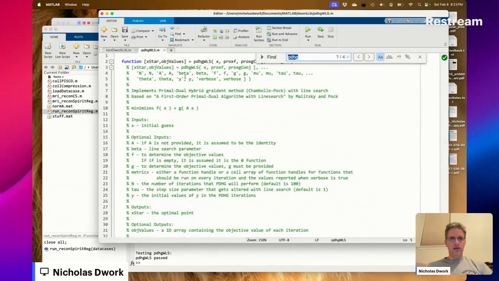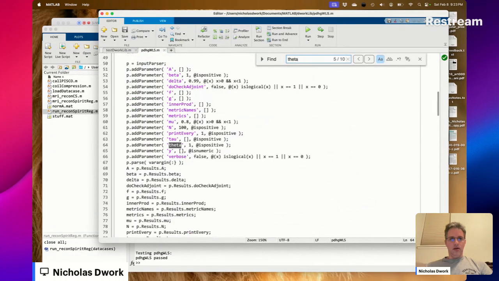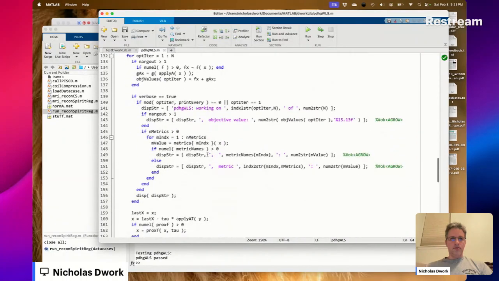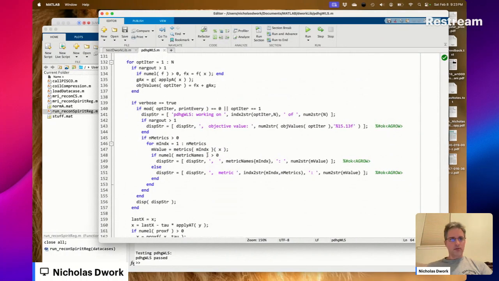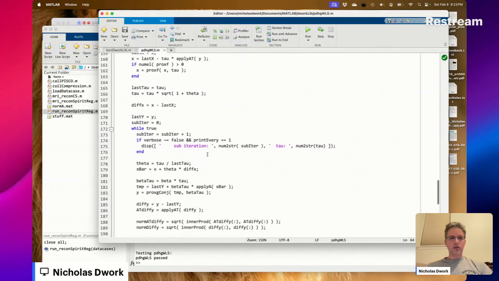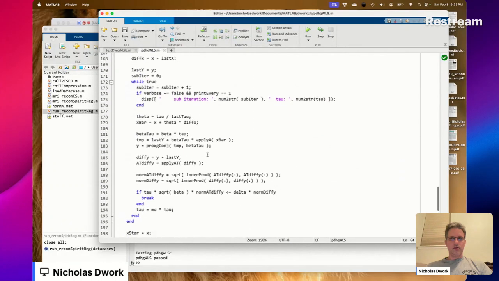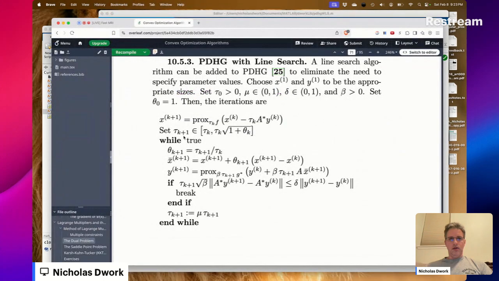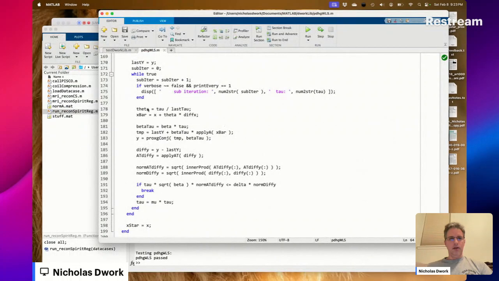Where's theta? Yeah, if we don't supply it, theta is equal to 1. Great. So while true, theta is equal to tau k plus 1 divided by tau k. Theta is equal to tau divided by last tau. Good.